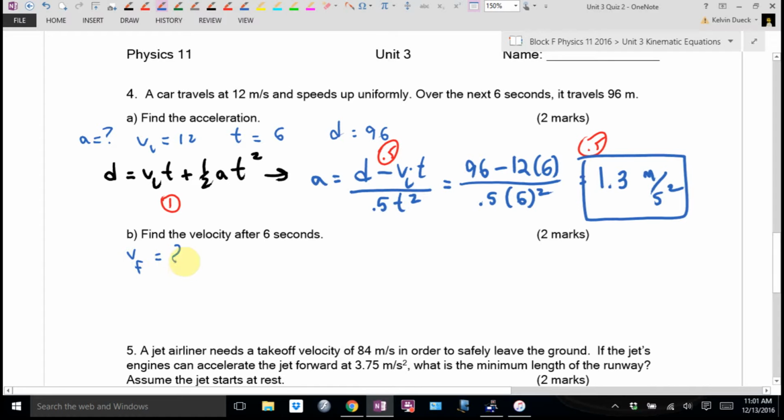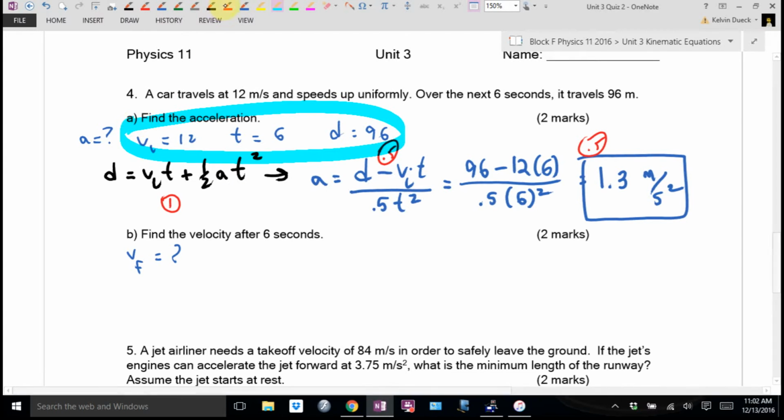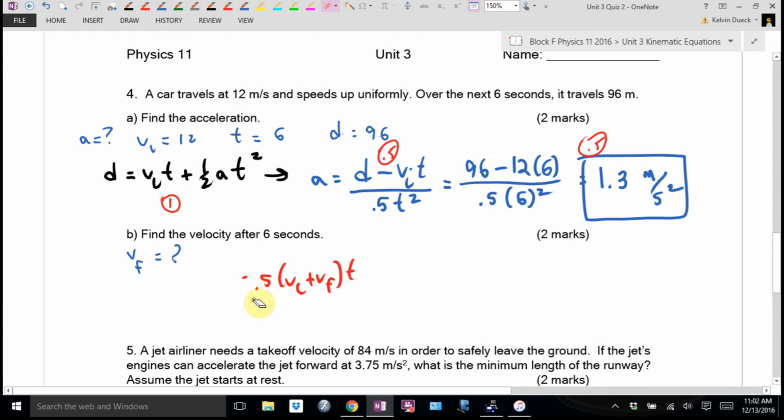VF equals question mark. Leah, I could use this to find VF. I could use D equals 0.5 VI plus VF times T. D over 0.5 T minus VI equals VF. Well, okay, I'll do it that way, because some of you did it that way.